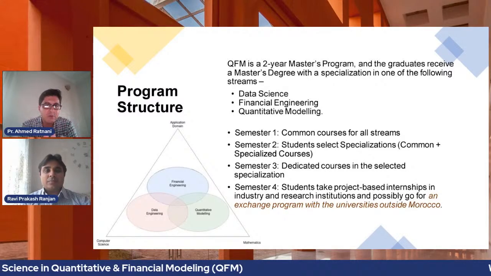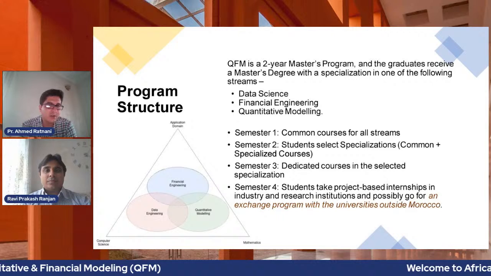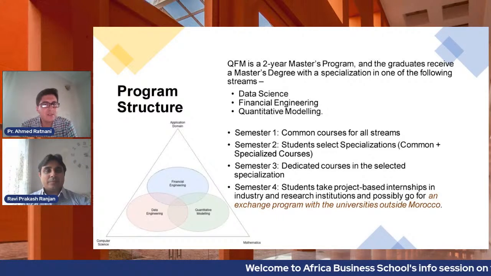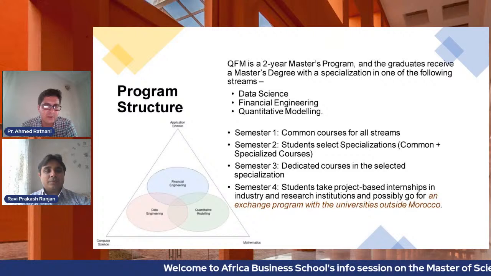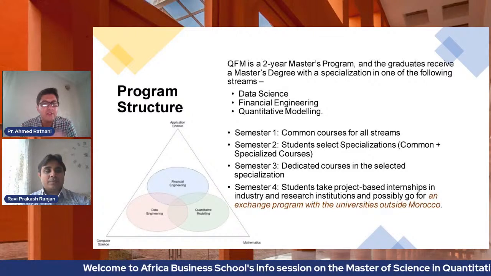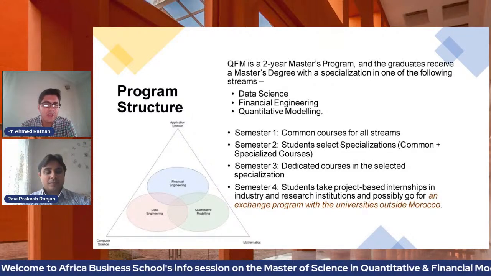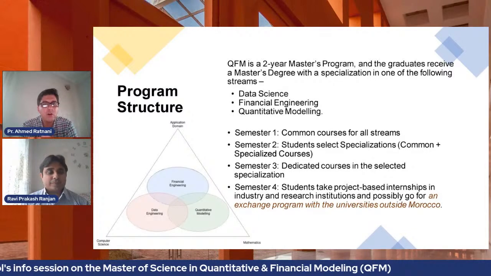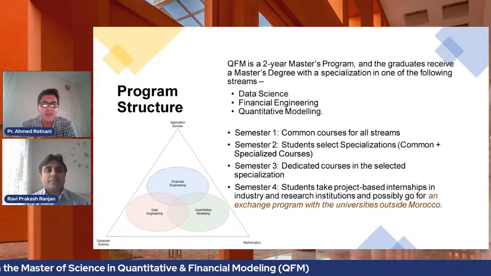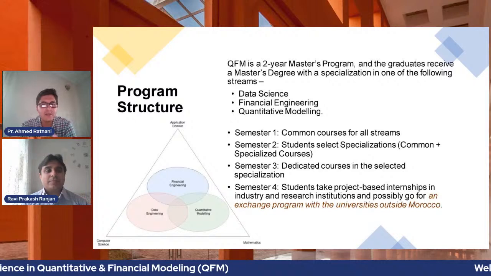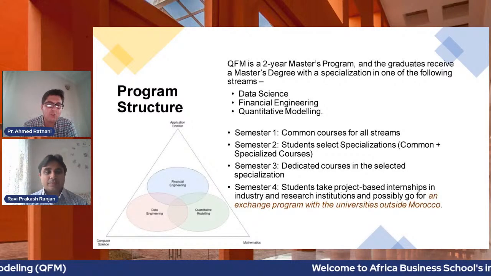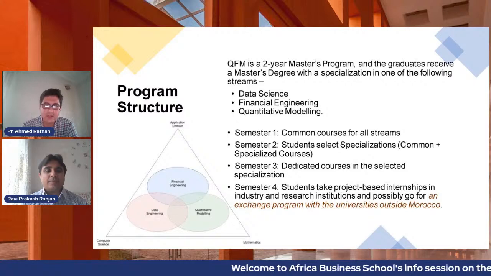So the program is built over 4 semesters, as any master program in Morocco. The last semester is the master thesis, and the first 3 semesters have a common part, which is common to the 3 options, 3 expertises, and then the student can select a specialization starting from the 2nd semester and dedicate all courses to the specialty in the 3rd semester.